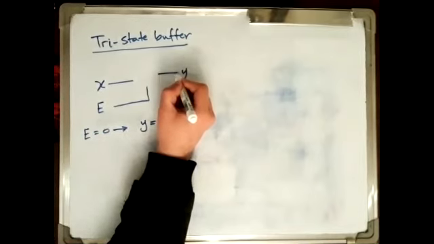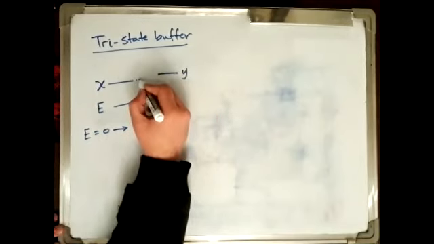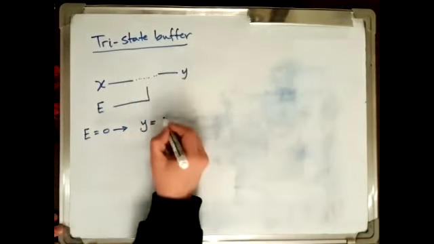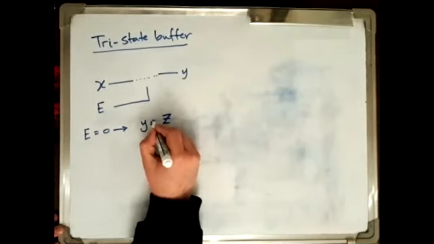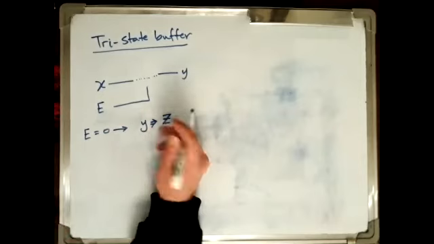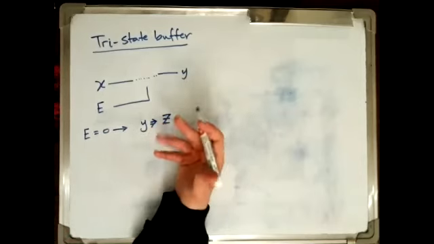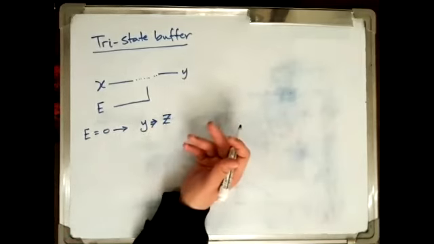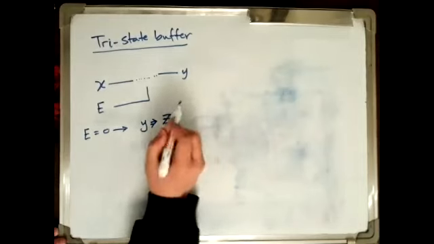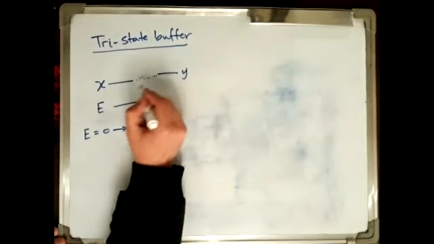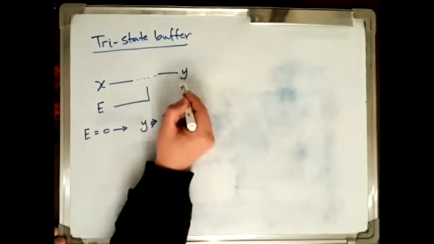To be more precise, it implies there is a very high resistance between X and Y, and we called it Z. I cannot write equals because Z is not a value, it is a state. It's not logic 0 or logic 1, but there is a very high resistance here that prevents X from passing through to Y.